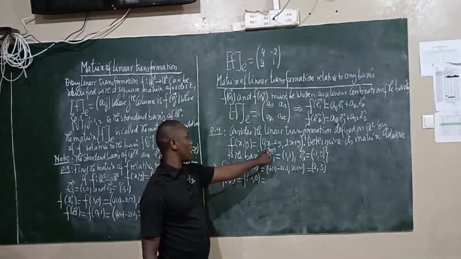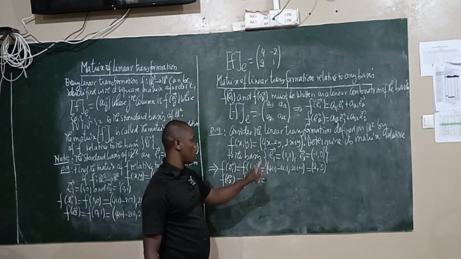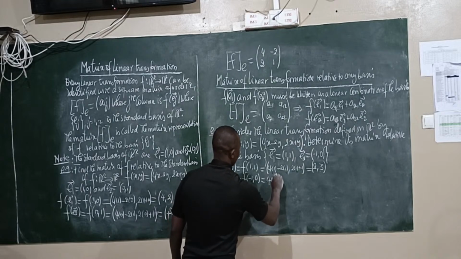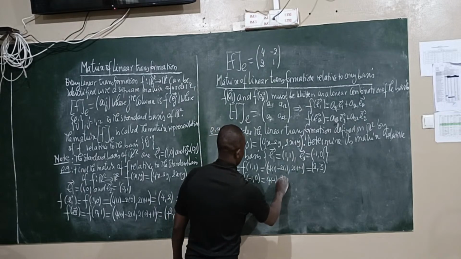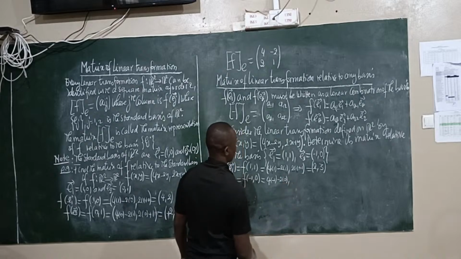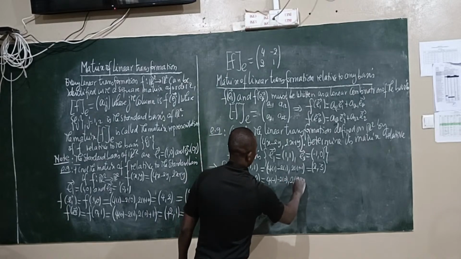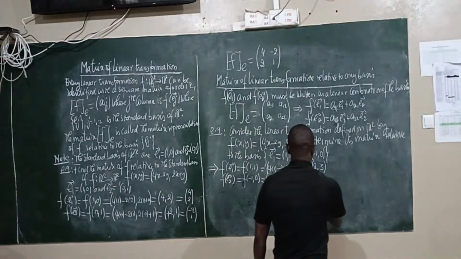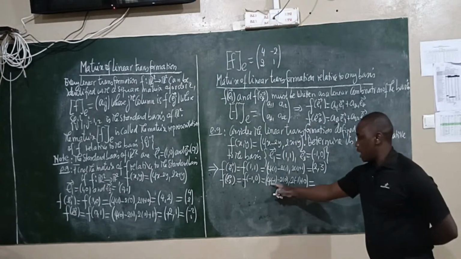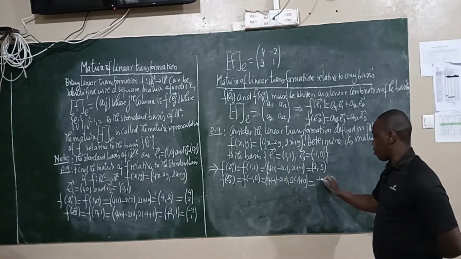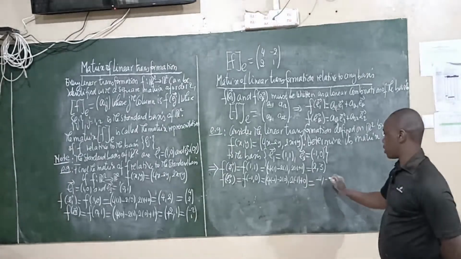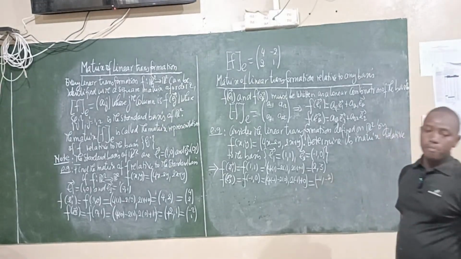So instead of having x, we're going to have minus 1. Instead of having y, we're going to have 0. This is 4 into minus 1 minus 2 times 0, comma, we have 2 into minus 1 plus 0. This is going to be minus 4 minus 0, that is minus 4. And here is minus 2 plus 0, that is minus 2.